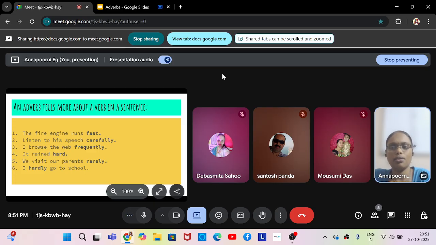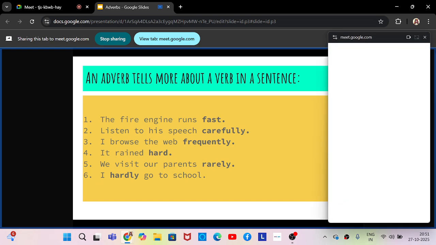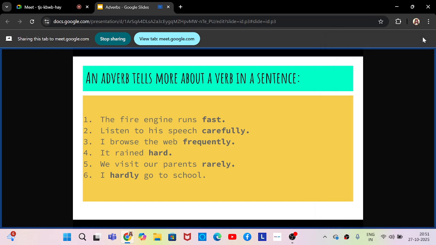I rarely go to school. I'm not a regular person to go to school. I go very rarely. That is what you mean by the word hardly. So hardly is equal to rarely. Got it? Yes, ma'am. Similarly, frequently is equal to regularly.